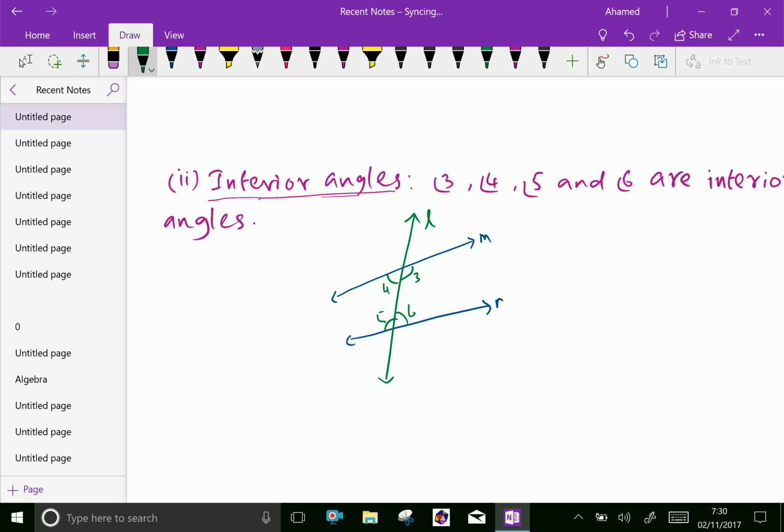That means they are on the interior part of those lines. Those angles are called interior angles. Here angles 3, 4, 5 and 6 are interior angles.